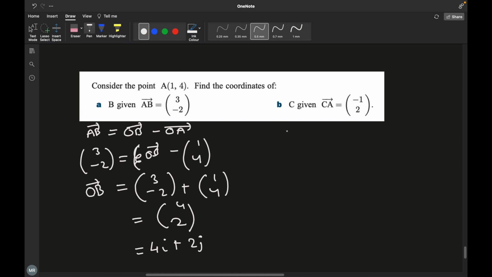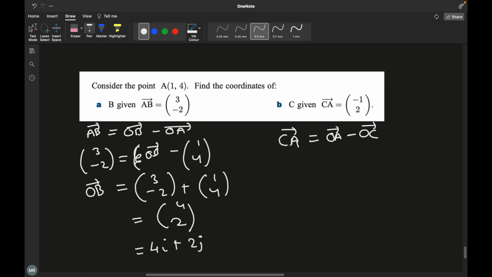Let's do the same here. Okay, this may seem confusing because we are used to AB. But like I taught you, CA would be the position vector of the second letter, which is OA. You have to subtract from this OC.